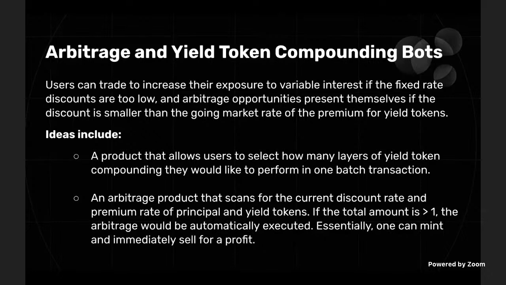So two ideas include a product that allows users to select how many layers of yield token compounding they would like to perform all in one batch transaction. The second one is an arbitrage product that would scan for the current discount rate and premium rate of principal and yield tokens. And if the total amount would be greater than 1, the arbitrage bot would automatically be executed. So essentially this means that anyone can mint immediately and sell for a profit.